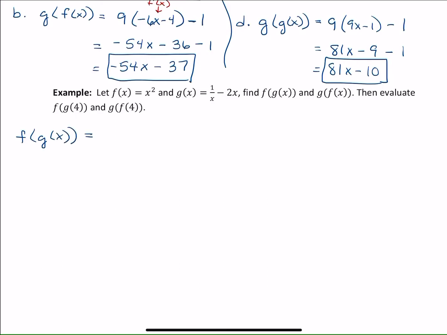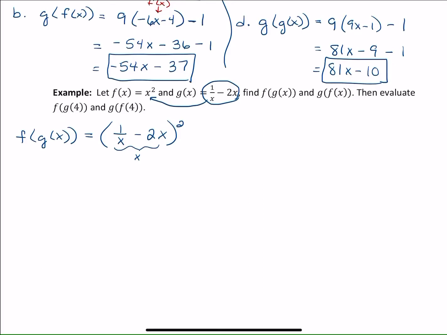F of g of x, I'm going to have this plugged in for x. So you're going to have 1 over x minus 2x. And then that whole thing is squared, because this was where you had x before. So that's your x squared, and you plugged in g of x.